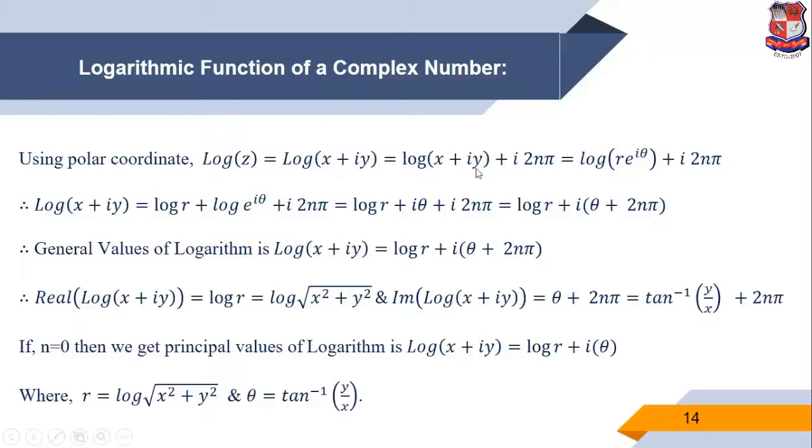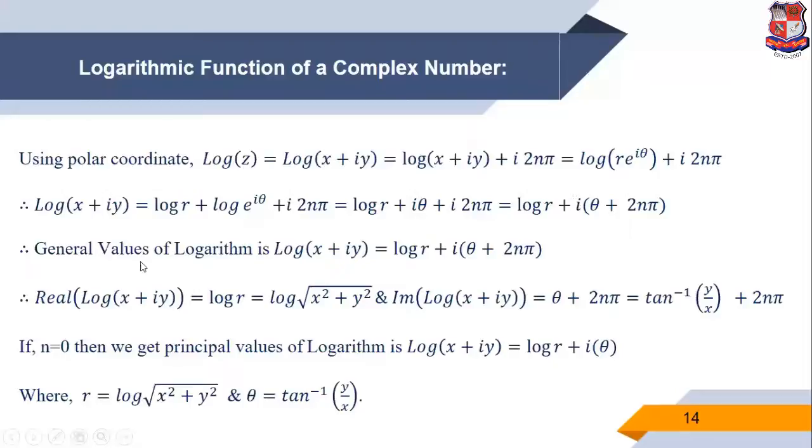Now log of x plus iy is nothing but log of r into e raised to i theta, the complex number in polar coordinates, plus i into 2n pi. So capital log of x plus iy is log r plus log e raised to i theta plus i into 2n pi. Therefore log r, and e and log cancel, we get i theta plus i 2n pi, which can be written as log r plus i times theta plus 2n pi.